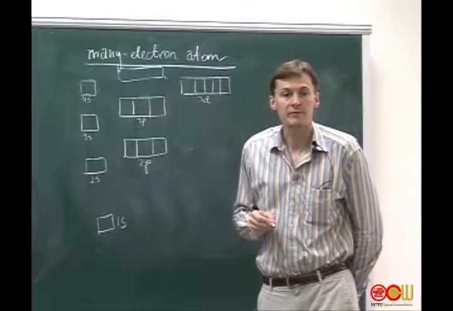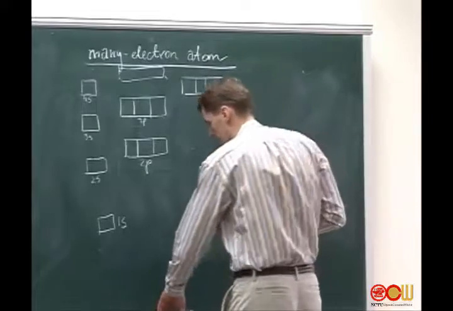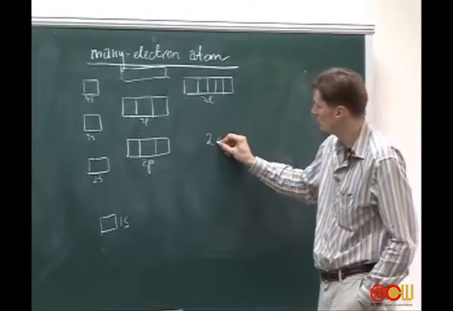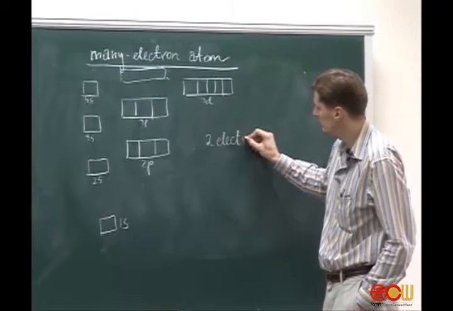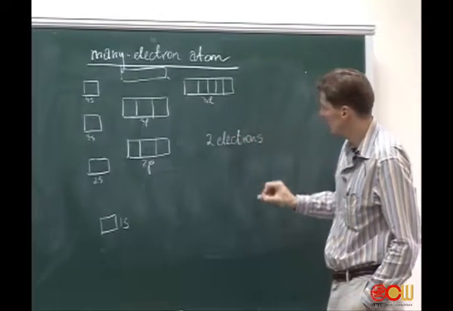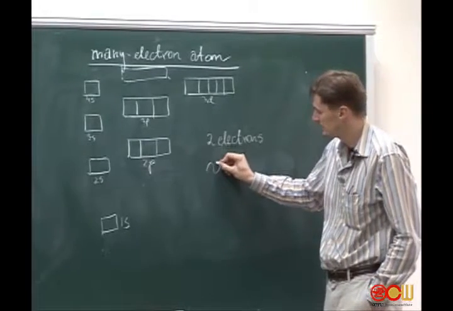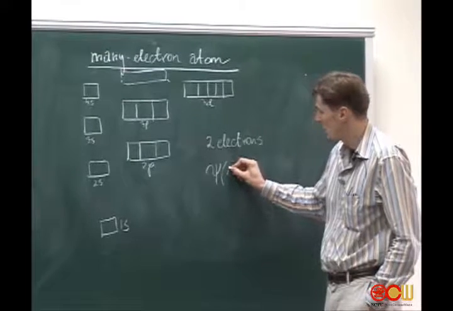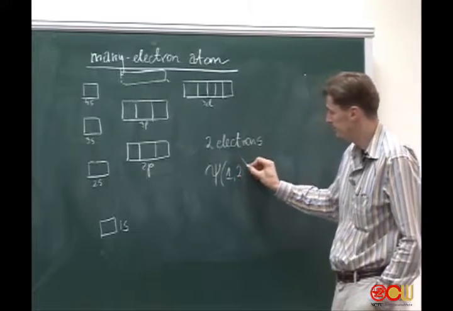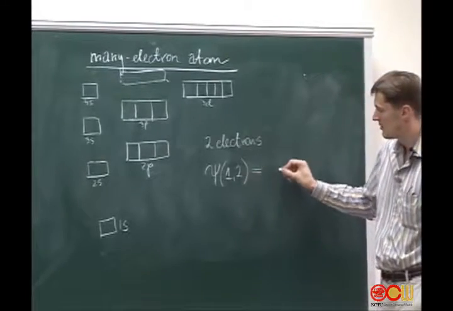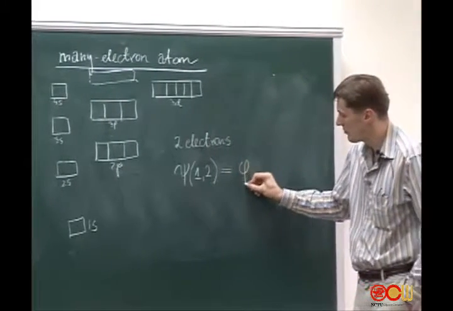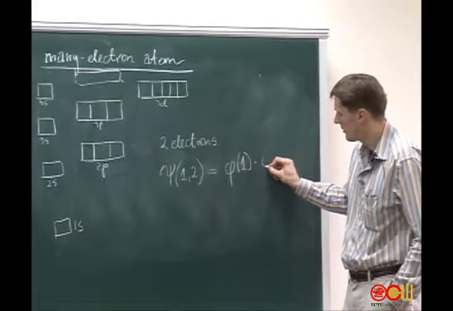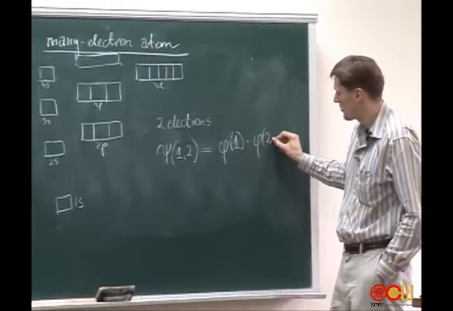So how does the wave function look like? Well, you can think in the first approximation that if you have 2 electrons, then the wave function looks like that. Wave function for 2 electrons, I call it 1 and 2. That would be the wave function for electron number 1 multiplied by the wave function of electron 2.